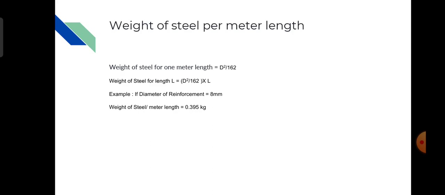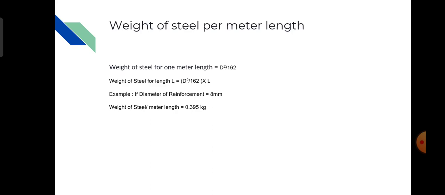So in particular, if you want to understand in a better sense, then I have taken one example. If the diameter of the reinforcement, for example, is 8 mm, then for 1 meter length I need to calculate the amount of weight of steel required for the diameter 8 mm. Then it is 8 square by 162, where d is 8.